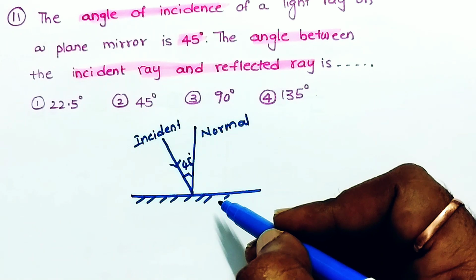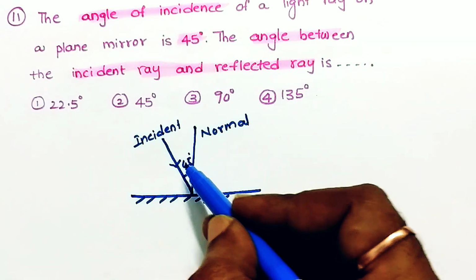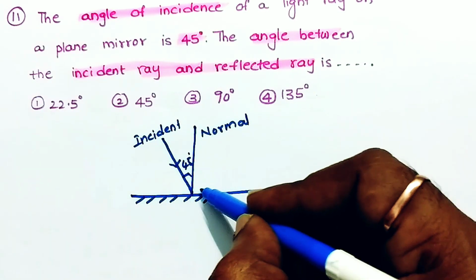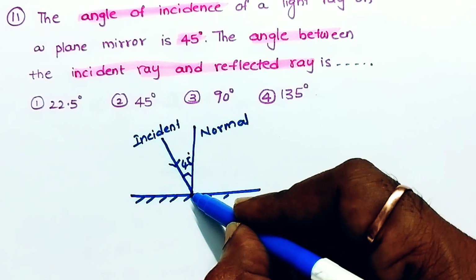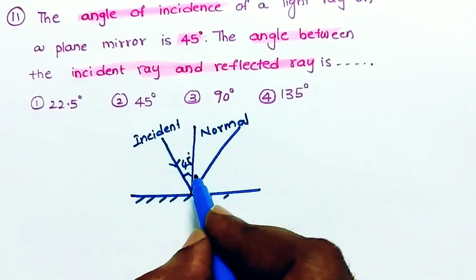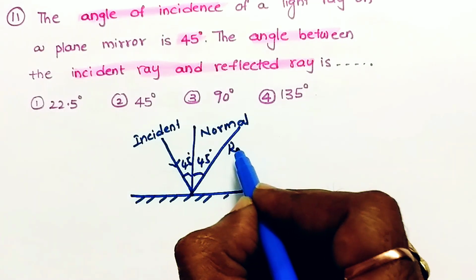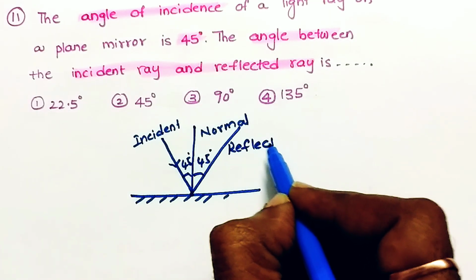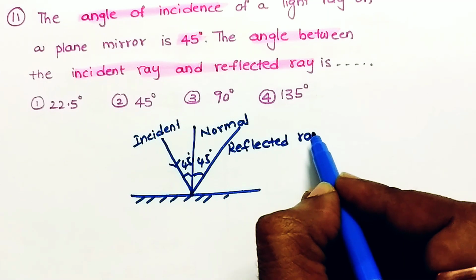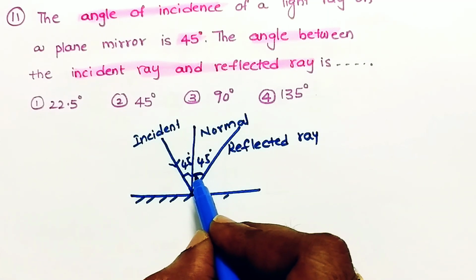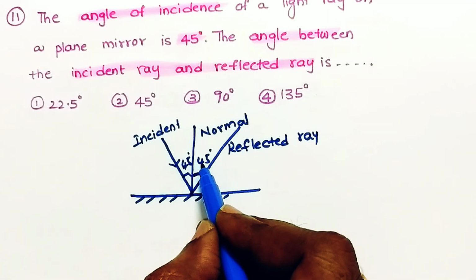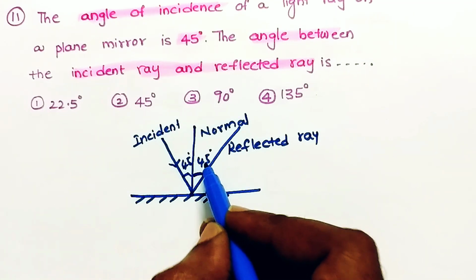Based on the laws of reflection, it reflects into the original medium with the same angle, that is 45 degrees. This is called the reflected ray, and this is called the reflected angle. Incident angle is equal to reflected angle, we learnt.